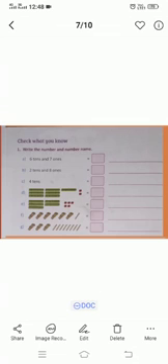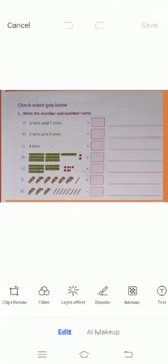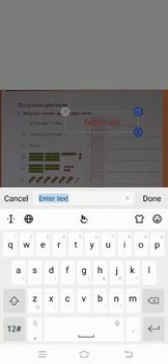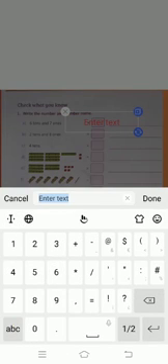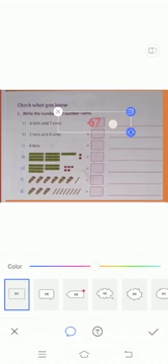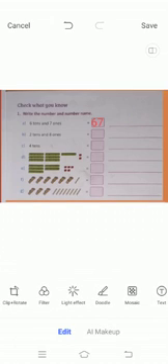So the number is 67. 67 is the number. 7 in ones place, 6 in tens place. Then we found a number.